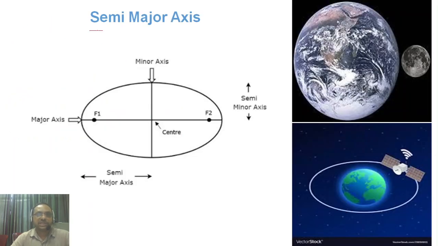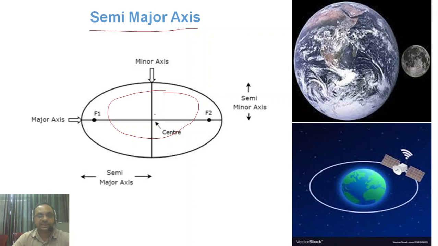Now, semi-major axis. The length of the semi-major axis defines the size of the satellite orbit. It is half of the major axis.